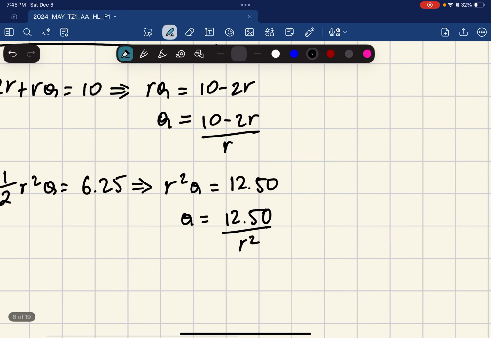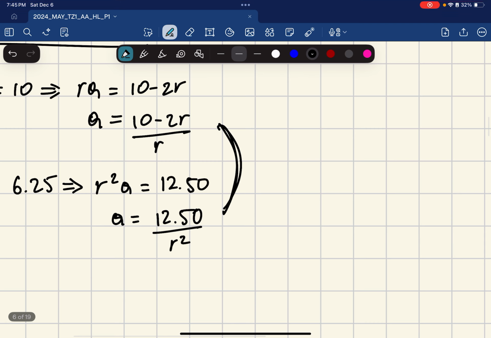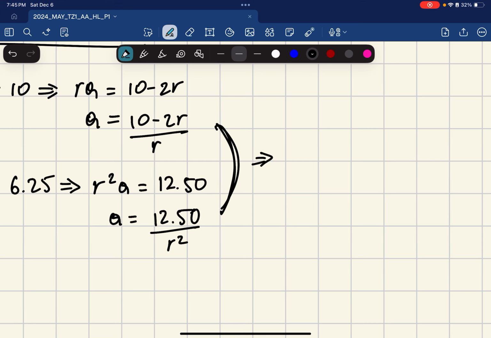Which means that if theta is equal to 10 minus 2r over r, and theta is also equal to 12.5 divided by r squared, then both of them are equal to each other. They are the same. So I can literally make them equal to each other. So I end up with 10 minus 2r over r is equal to 12.5 over r squared.